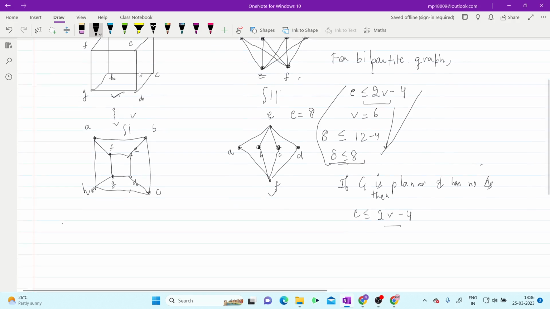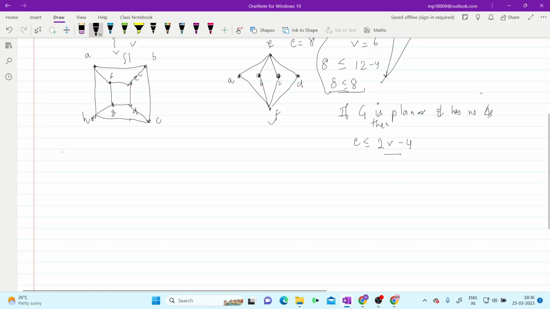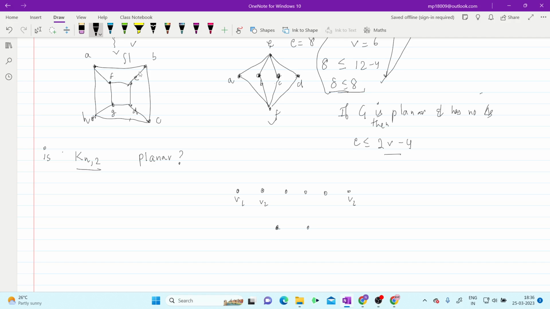Now what about Kn,2? Is Kn,2 planar? Kn,2 is also like this: V1, V2 up to Vn, and two vertices here, W1, W2. If we want to generalize this, is Kn,2 planar?